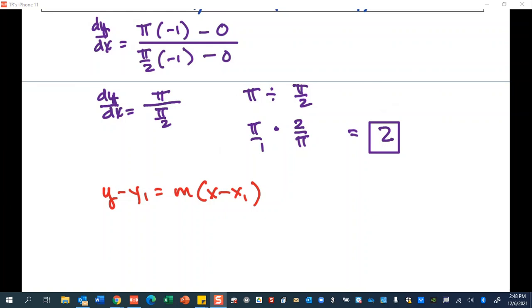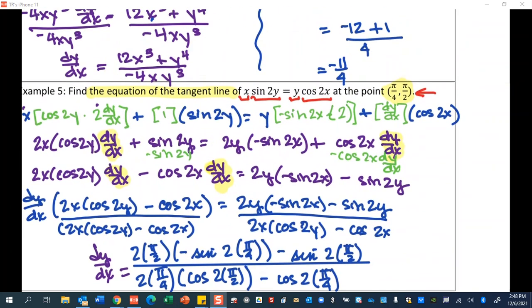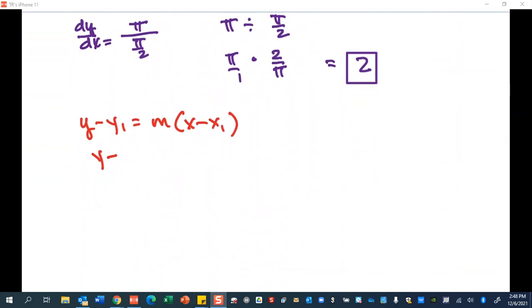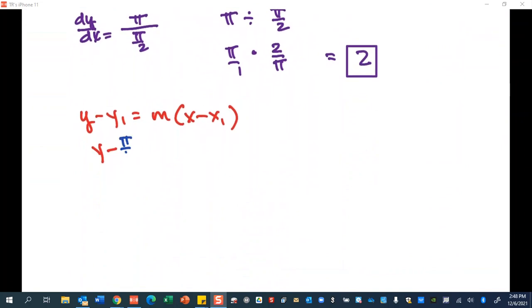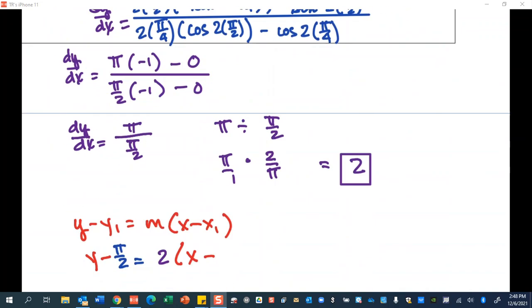It is your best friend because we accept things in point slope form. So y minus, what was y1? Pi over 2. Right? Is equal to your slope we just found here. We'll do that in purple. Times x minus, what is x1?